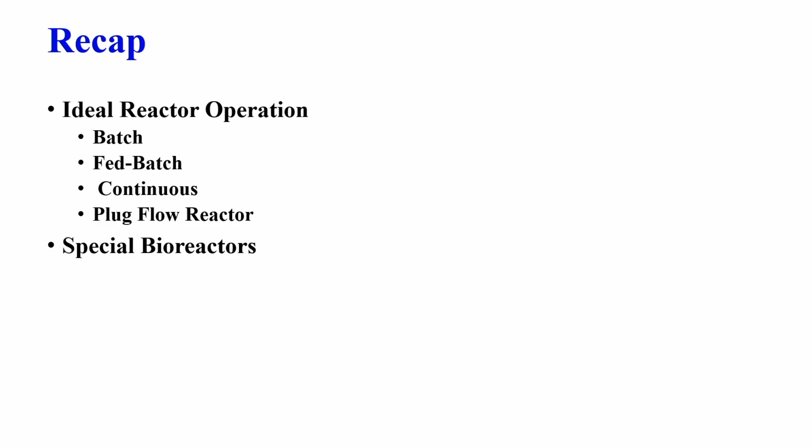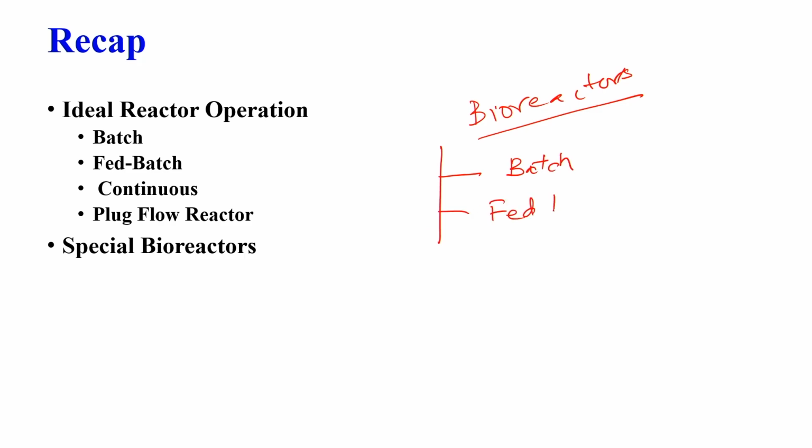So, we can quickly discuss what was there in the last module. In the last module mostly it included the operation of bioreactors, what are different components of bioreactors and how they are operated. If you remember, it can be operated in a batch, fed batch and further in the continuous.